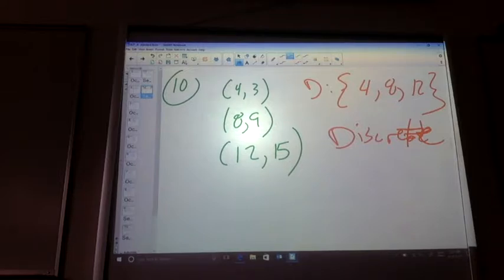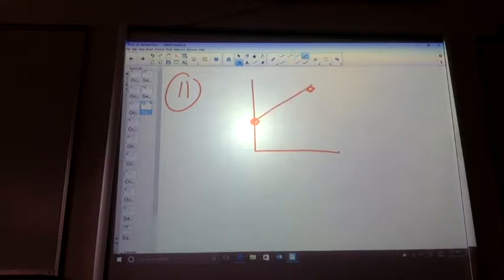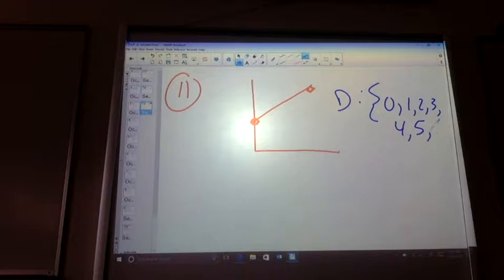Number 11. So if you look at number 11's graph, you have 2 points at either end. What is the domain? The domain goes 0, 1, 2, 3, 4, 5, and 6.